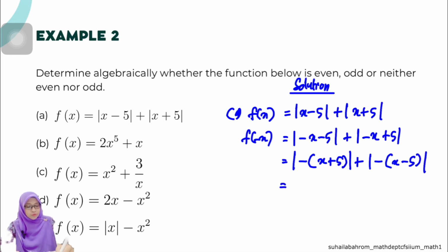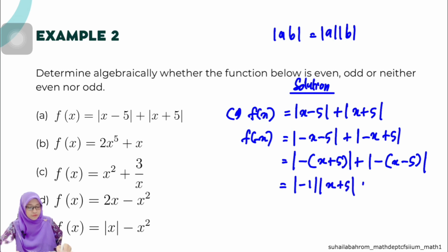Then we can apply the property of the modulus of A times B, splitting it into the modulus of A times the modulus of B. So we split it into the modulus of negative 1 times the modulus of x plus 5, and the same for the other side, the modulus of negative 1 times the modulus of x minus 5.